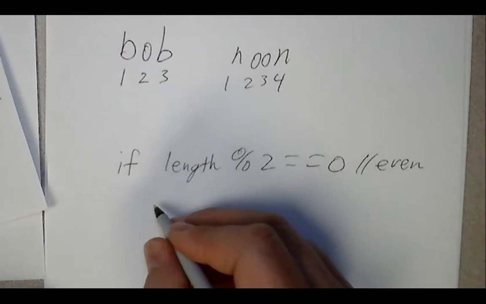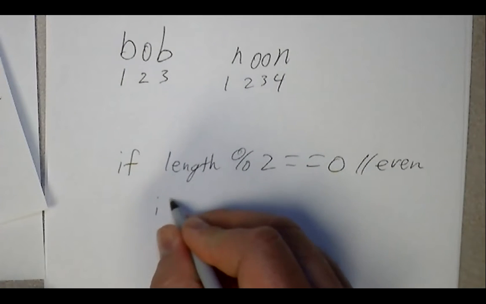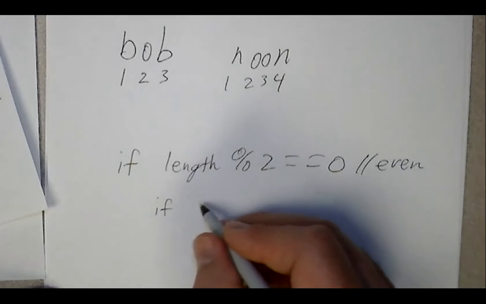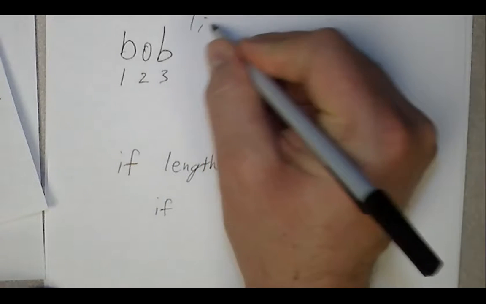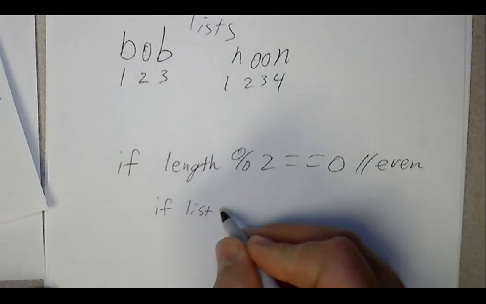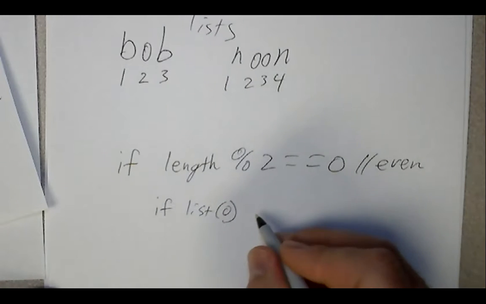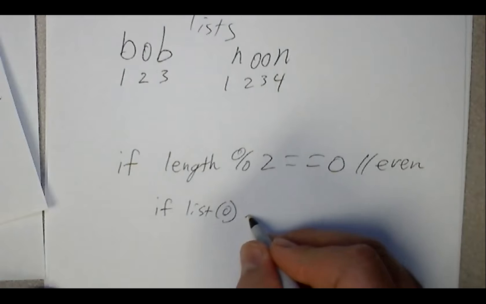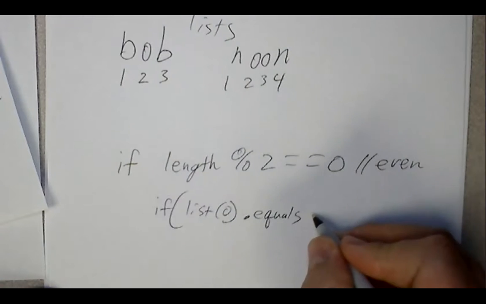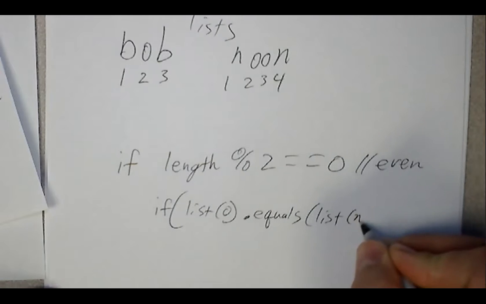And so if, let's call this our list. And we'll say if list of 0 dot equals list of n.